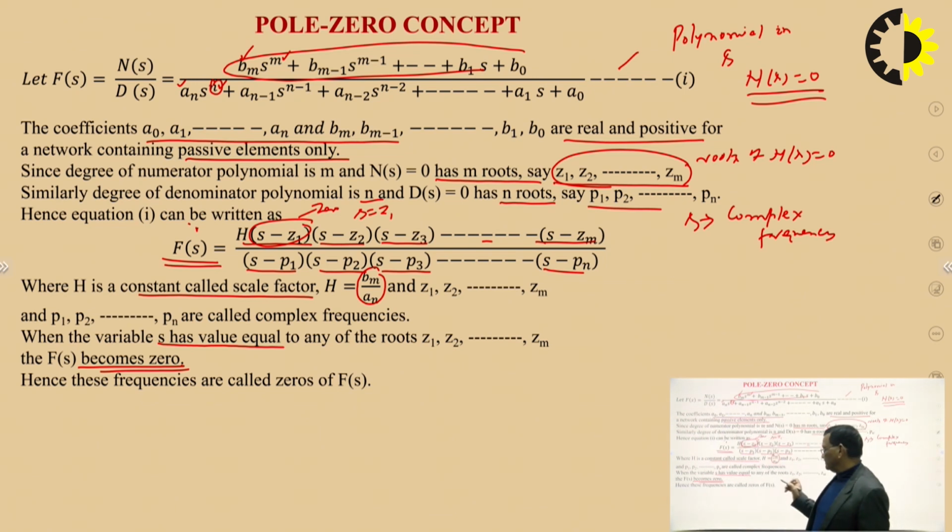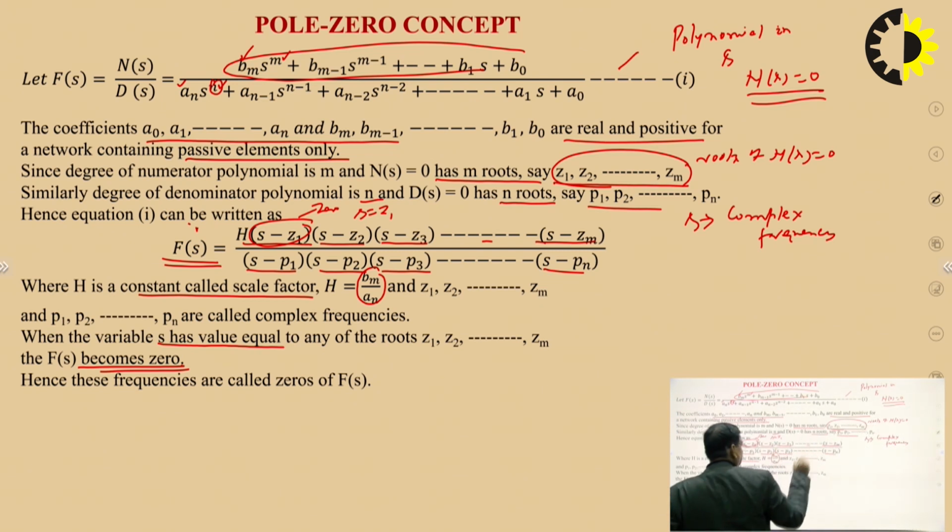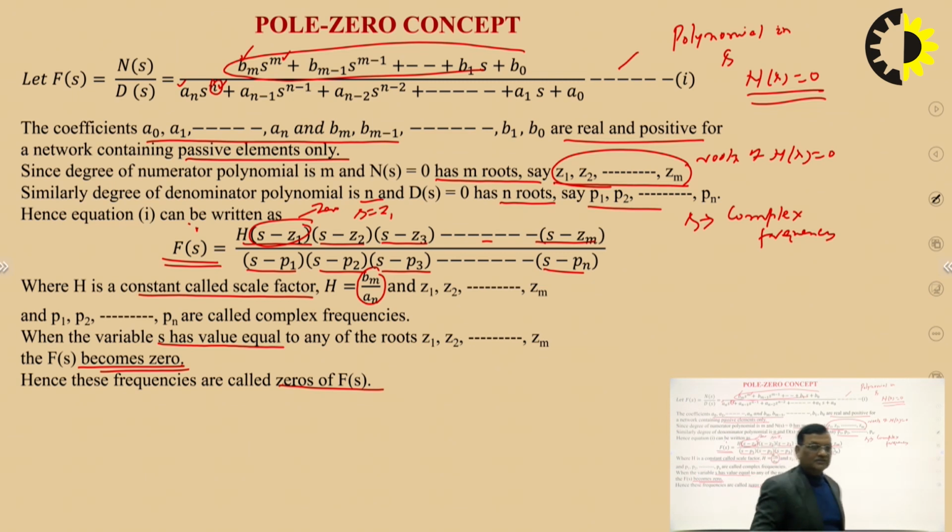It means when the value of any one of the roots z1, z2, z3 is equal to s, then F(s) becomes 0. So these z1, z2, zm are called the zeros of F(s). So what are the zeros? Zeros are those complex frequencies at which the network function F(s) becomes 0.